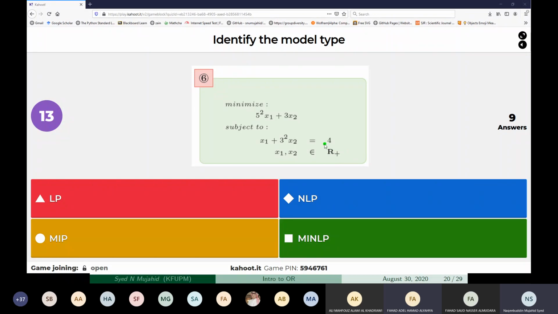This R plus means greater than or equal to 0. It is like R, but it's greater than or equal to 0.